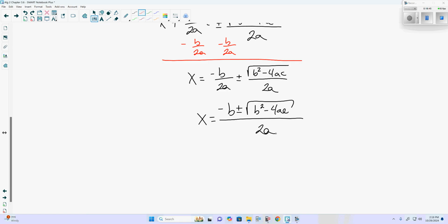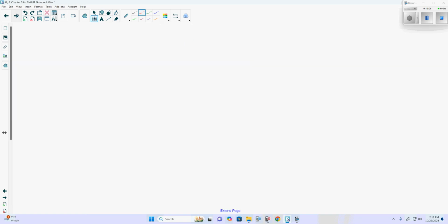So what this is telling us is that the quadratic formula, well, this is the quadratic formula. X is equal to negative b plus or minus the square root of b squared minus 4ac all over 2a is what we have with this here.